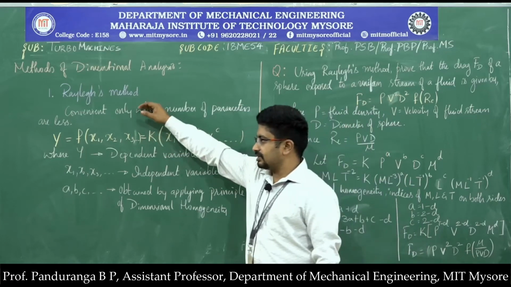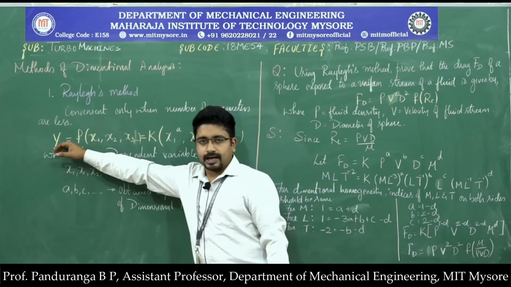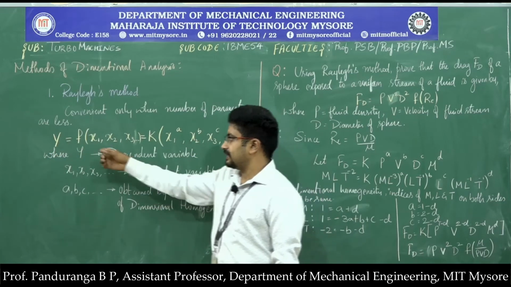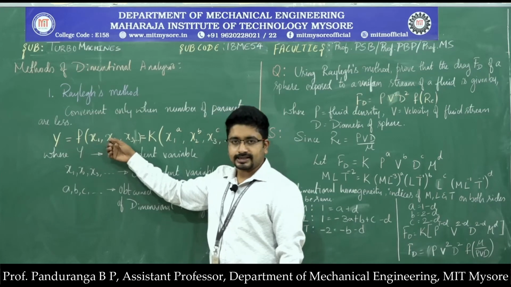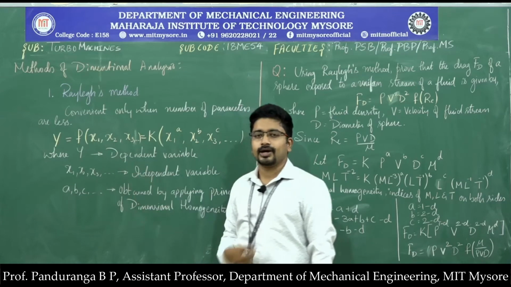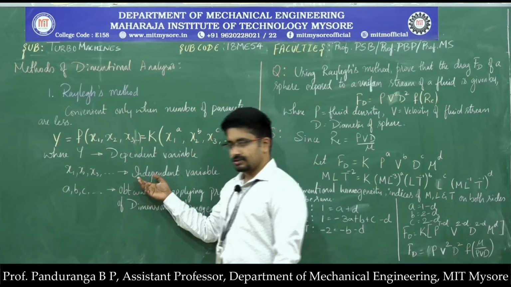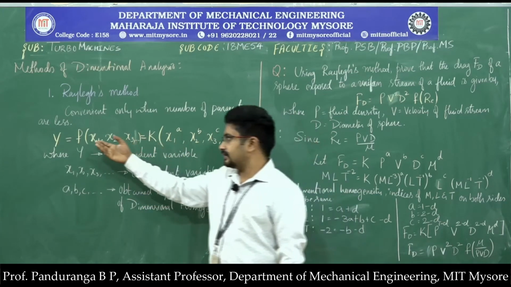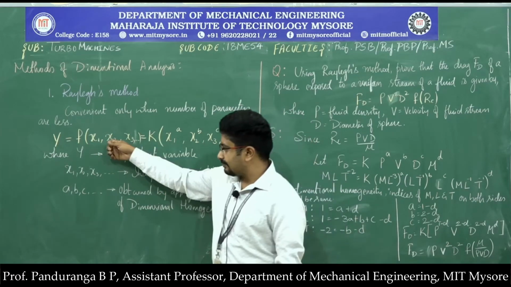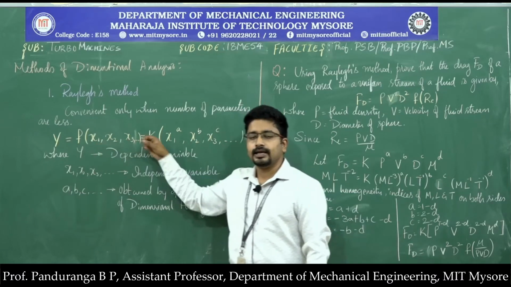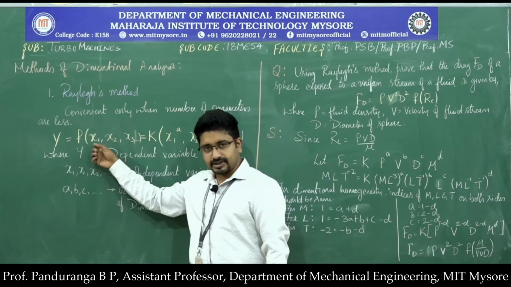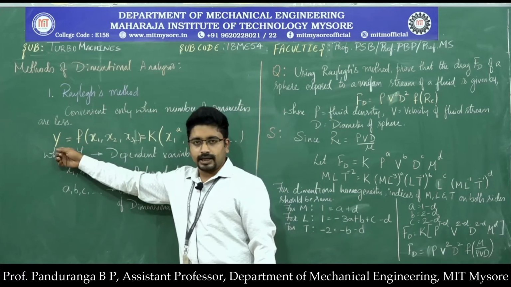In Rayleigh's method, this y we call the dependent variable because it depends on x1, x2, x3, and these parameters x1, x2 and x3 we call independent variables, because changes in x1 will not affect x2, or changes in x2 will not affect x1 and x3, and so on. So if x1, x2 or x3 changes, then the value of y will change.